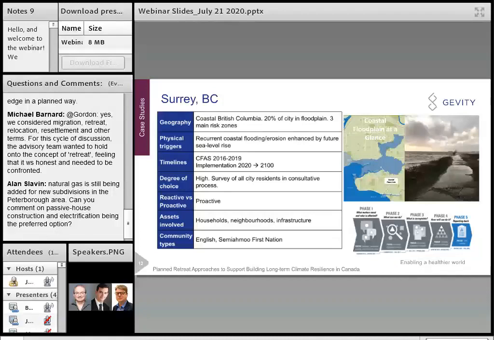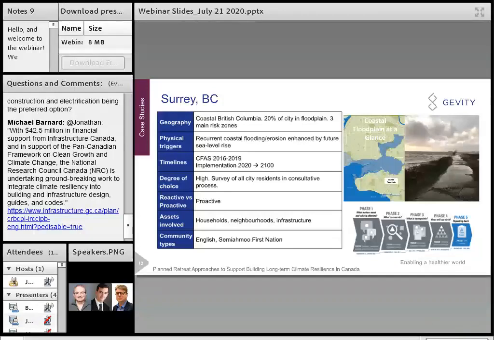One of the things that we looked at for case studies is the degree of choice that residents have in this question about whether to retreat or not. And in some cases, in the literature, we find that some communities or community members essentially have no choice. They're told to move. But in the case of Surrey, what we found is that residents had a very high degree of choice in that process.